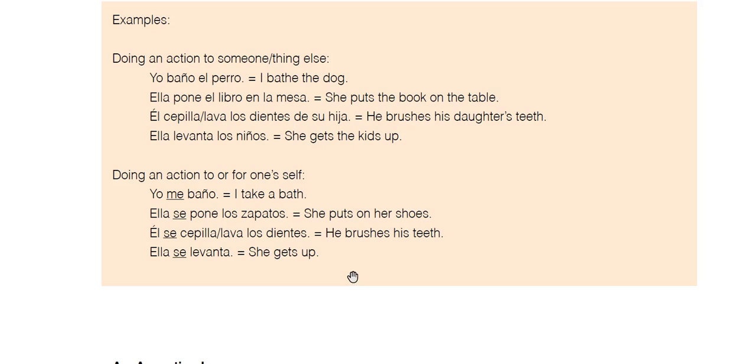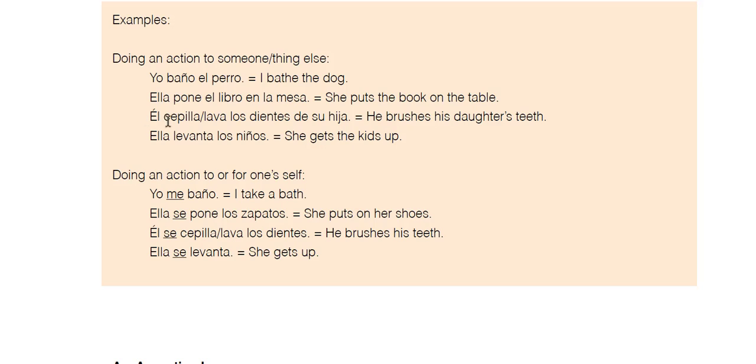All right, so here are some examples where we break down an action done to someone or something else versus an action done to or for one's self. Again, that example of bathing the dog, yo baño el perro, not reflexive, versus me baño, I take a bath. Ella pone el libro en la mesa, she puts the book on the table, versus ella se pone los zapatos, she puts on her shoes.